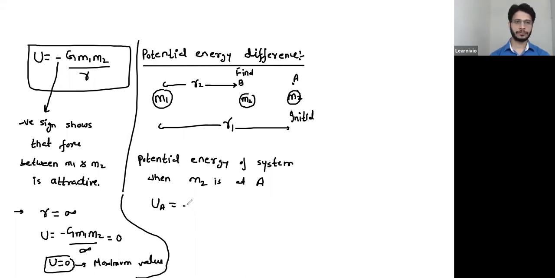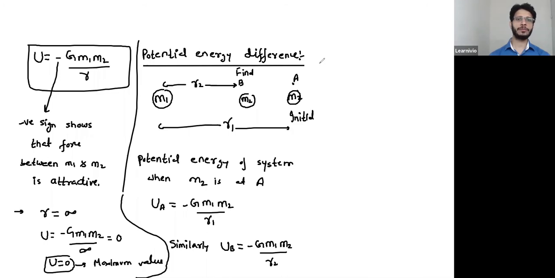Minus G M1 M2 by R1. Very good. Similarly, you can write UB. Yes, Noor, how much is UB? So minus G M1 M2 by R2.